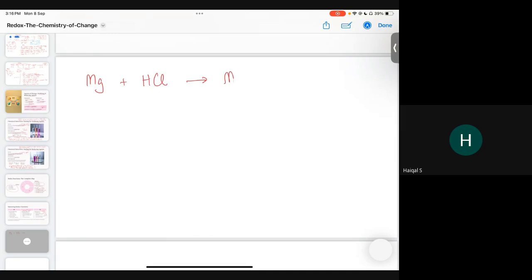It will give me MgCl2 plus H2. Let's balance it like that. Okay, so this is the acid plus metal reaction. Okay, we're going to apply. So the question is, is it redox? Question mark. What is the reducing agent? So this question here, let's practice by saying, let's explain whether it is a redox reaction. Secondly, if it is yes, what's the reducing agent?